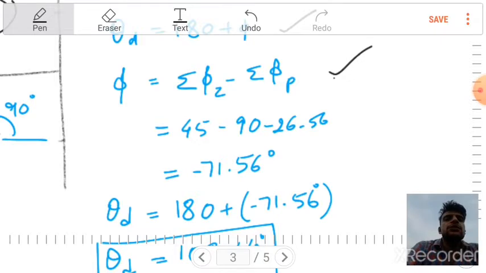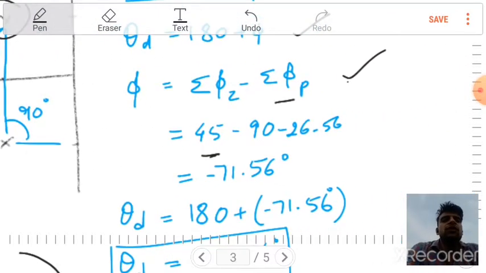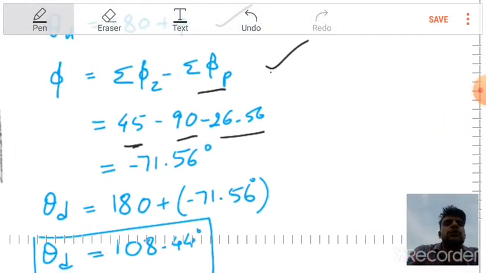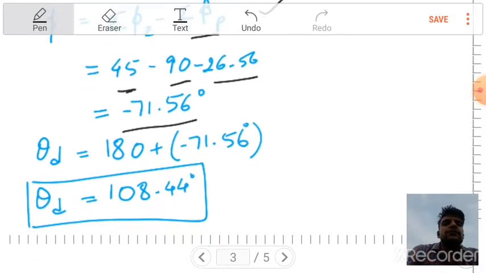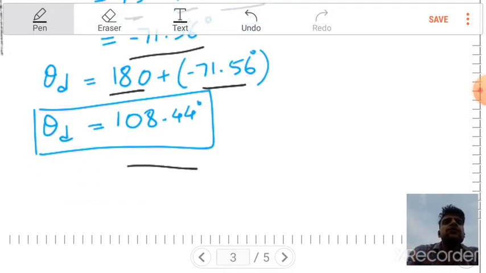So summation phi z is 45 degree because only one angle is there from zeros, and summation phi p is 90 and 26.56 degree. 90 degree is from this pole and 26.56 is from this pole. So the total phi is minus 71.56. From here theta d equal to 180 plus phi, minus 71.56, is equal to 108.44. This is the angle of departure from that pole.